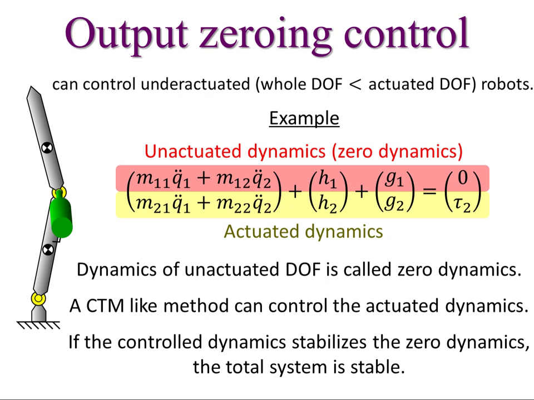Then both the controlled dynamics and zero dynamics are stabilized and the entire control system becomes stable. This kind of control method is mainly applied to gait and humanoid robots or to brachiation robots.